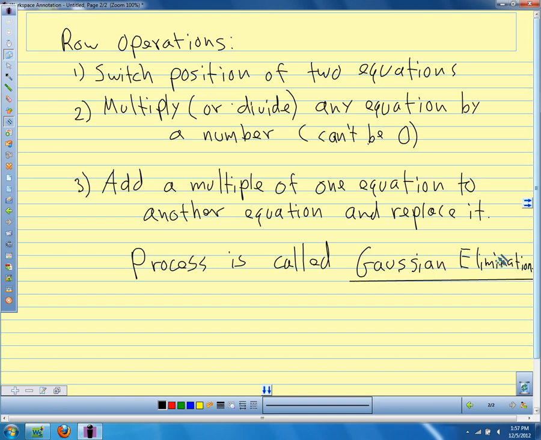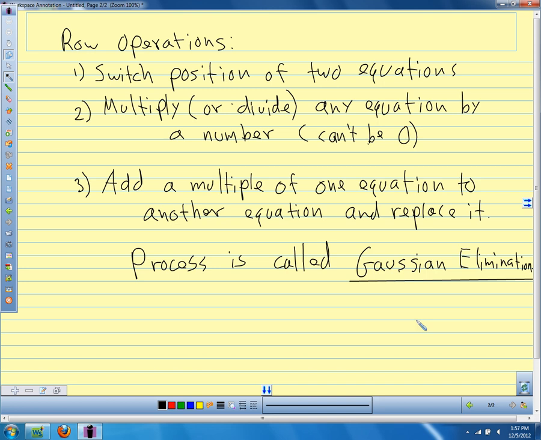I think he may have been one of the first ones to come up with this process. Gauss did lots of different things in math and in physics. So we're using our row operations to get our system into row echelon form. That process is called Gaussian elimination. We've been doing this with 2 by 2 systems. We just didn't make the process quite as formal as we're doing here.